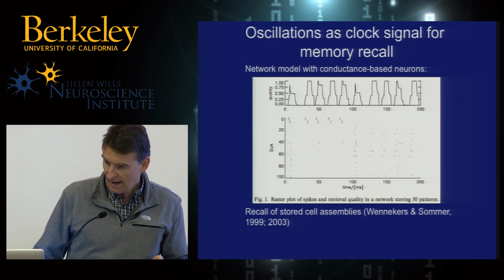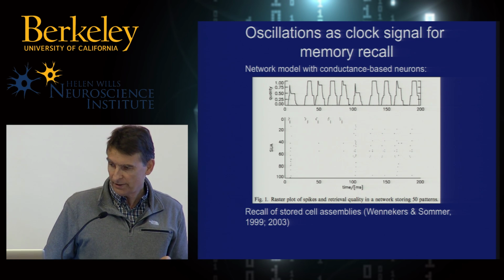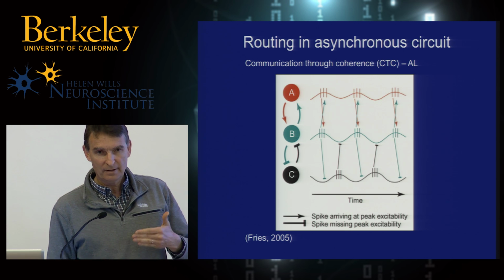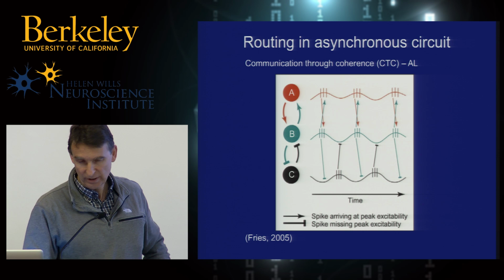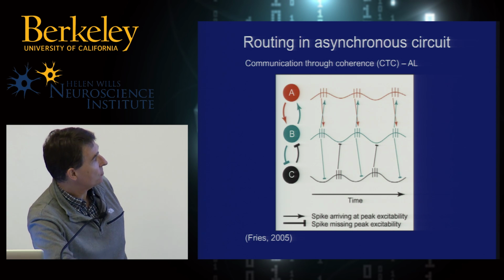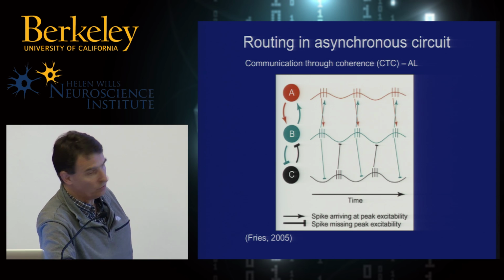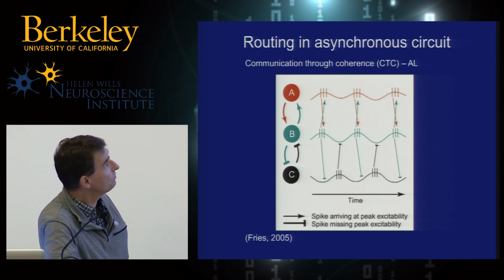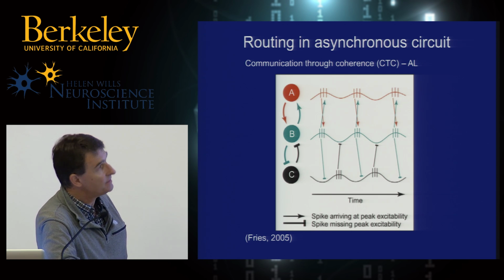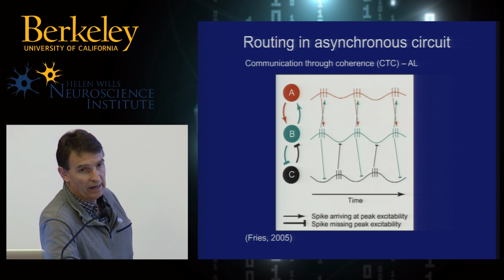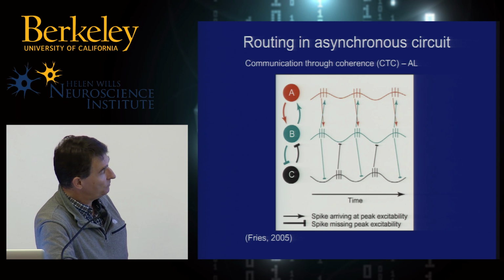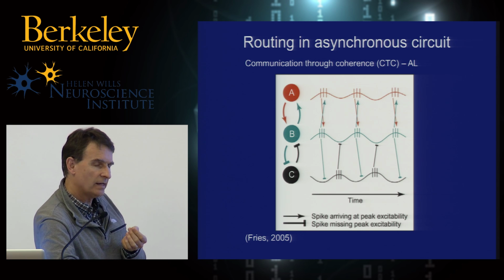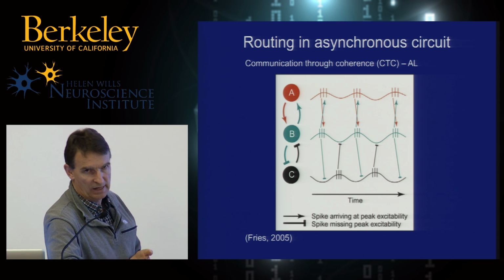So now let me go on to another situation, and this is going beyond synchronous computing. This shows a cartoon of an idea that Pascal Fries put forward about how routing could be performed in the brain, in the sense that functional networks are built.